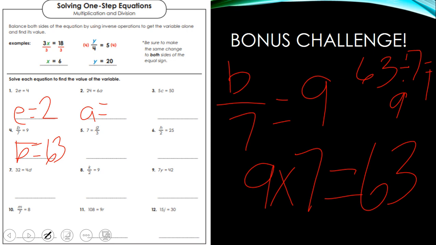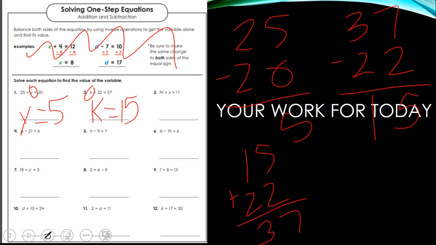So remember, you get bonus points if you do a bonus challenge. And this page, your addition and subtraction, is 100% due on Tuesday. Please make sure that you submit this hopefully before Tuesday, because on Tuesday you will have your next math lesson. So have fun, and I honestly cannot wait to see how well you guys do with algebra.